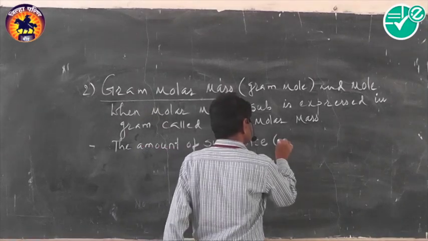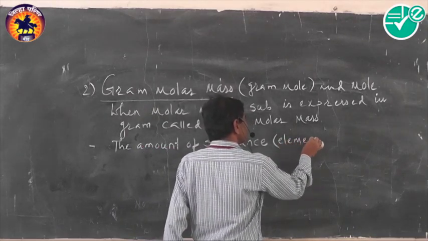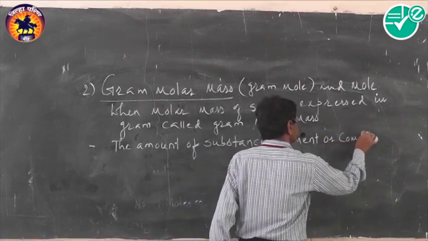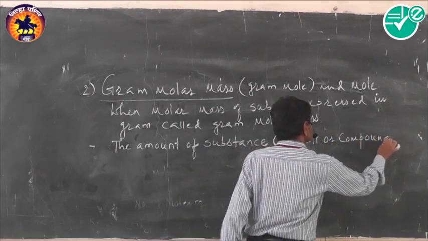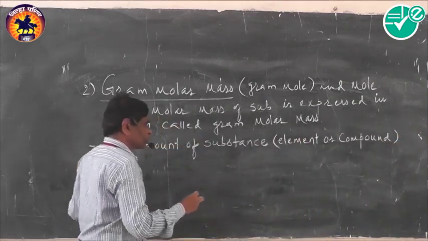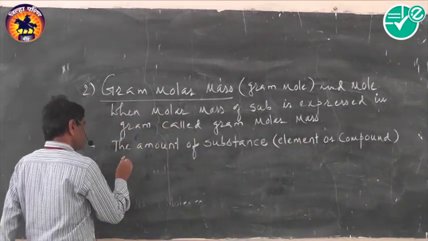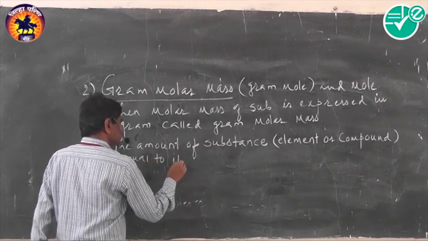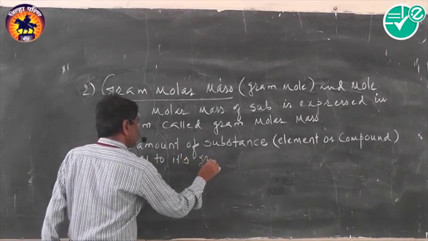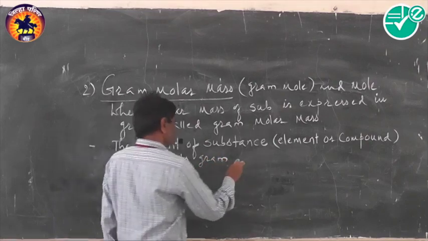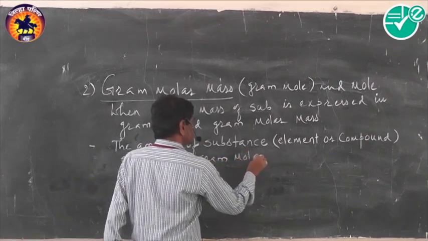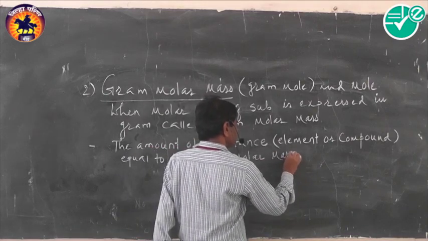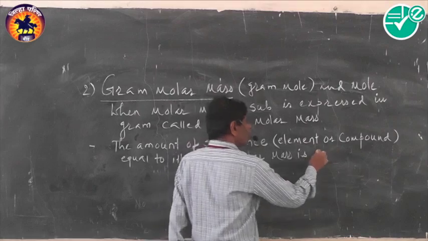So the amount of substance, either element or compound, equal to its gram molar mass is 1 mole.